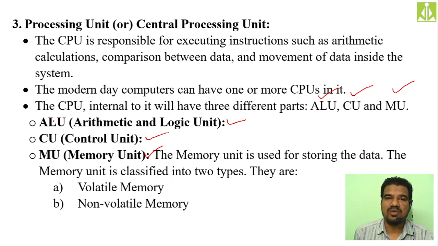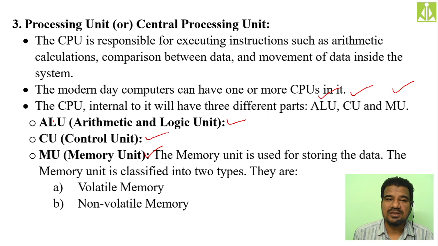If your monitor wants to interact, same thing will happen. So who will take care of this controlling? The control unit will take care of it. The control unit is responsible for controlling all the components of your computer by sending and receiving signals. Remember this one. So ALU will perform operations, the control unit will control the parts and components.